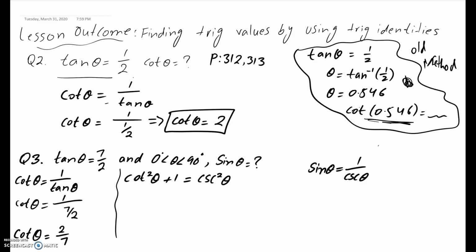Now this value of cot theta we will substitute in this identity. It's going to be 2 over 7, squared, plus 1 equals cosecant squared theta.